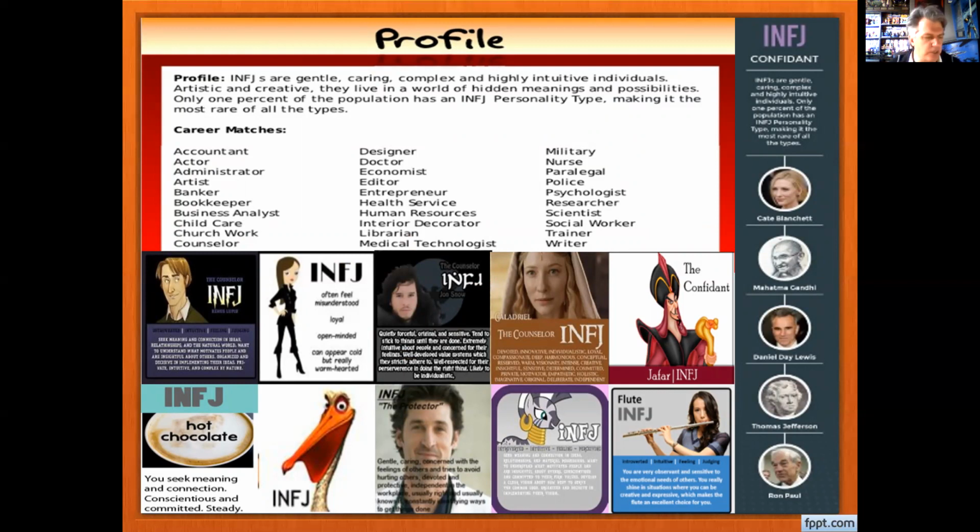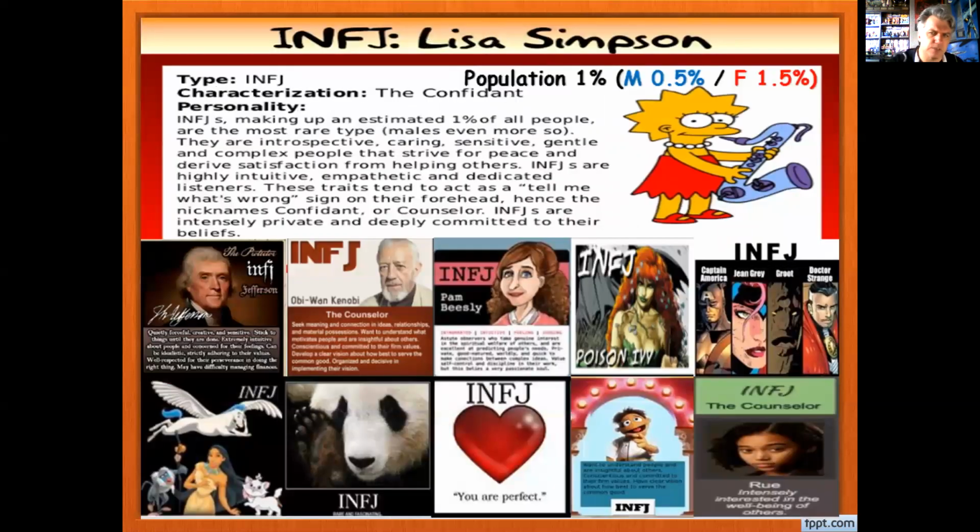Now, inevitably, whenever I do this personality test, students always ask, which one do you come up with? I've taken multiple Myers-Briggs tests, and I always come up with the same answer, and it's this one, the INFJ, which again, is 0.5% of the male population. This is where sometimes I get very frustrated because it's hard for me to understand other people.